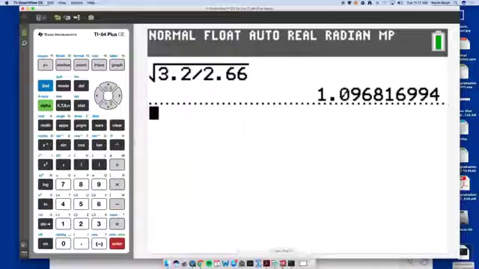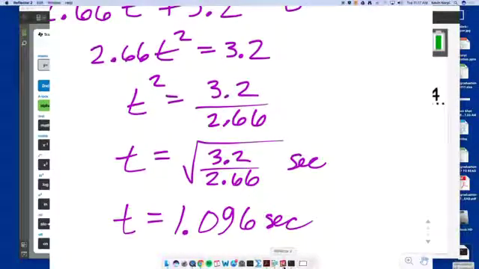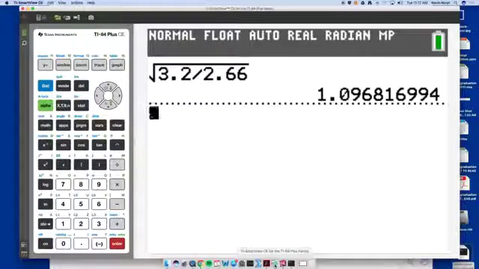So if you're going to use the calculator, and we'll be introducing it very slowly here, you're going to write that right there. You still report 3 decimals with unit seconds. But if you have the intention of ever using that number, you don't want to type in 1.096, because if you ever have rounding error, if you're ever off in the third decimal, you're going to lose points. So I'm going to store that.